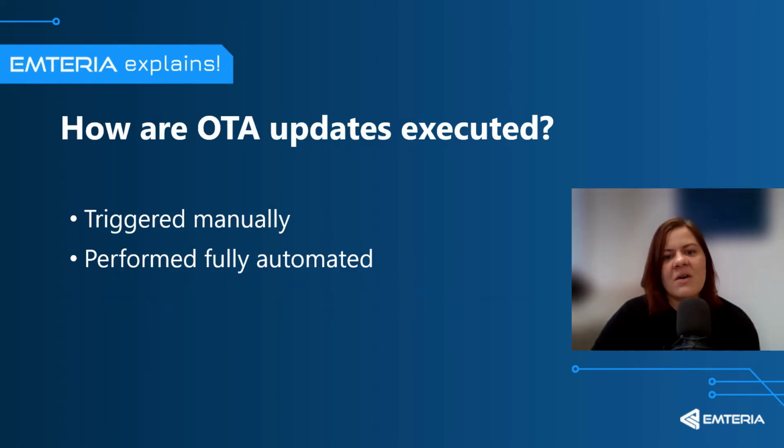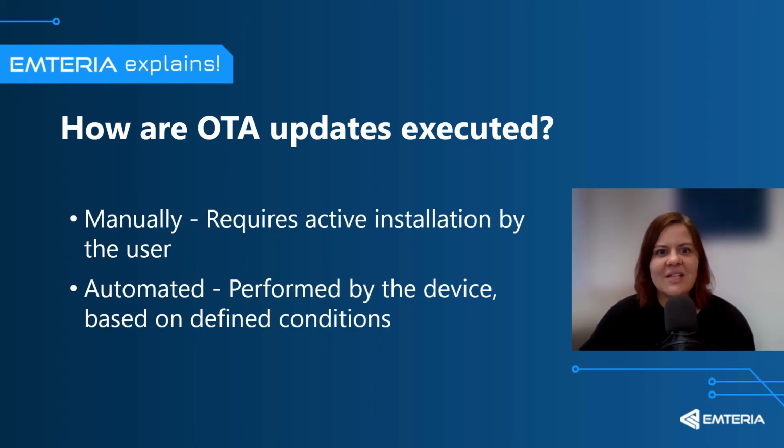So when talking about OTA updates, we also want to know how OTA updates can be executed. So OTA updates can basically be triggered manually or performed fully automated. So there are sensible use cases for both paths. Manually triggered OTA updates require active installation by the user, while automated updates do not need user interaction at all.